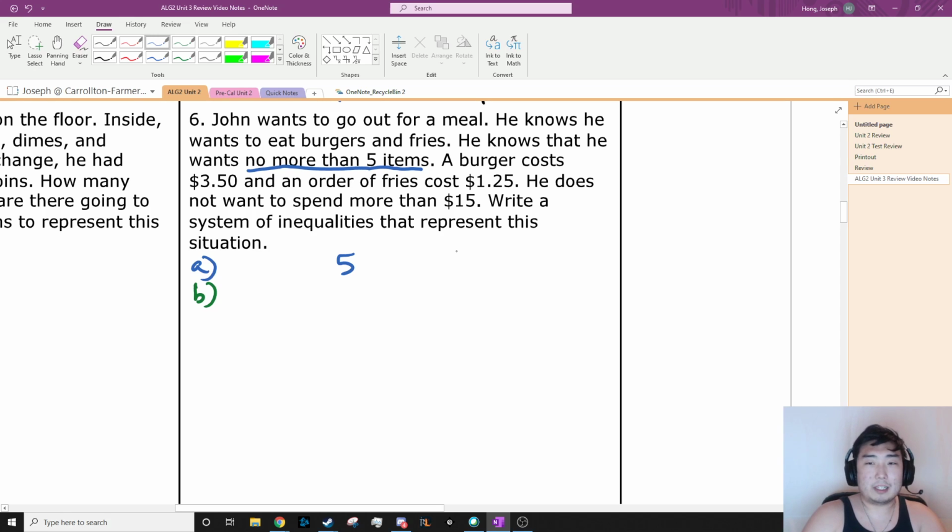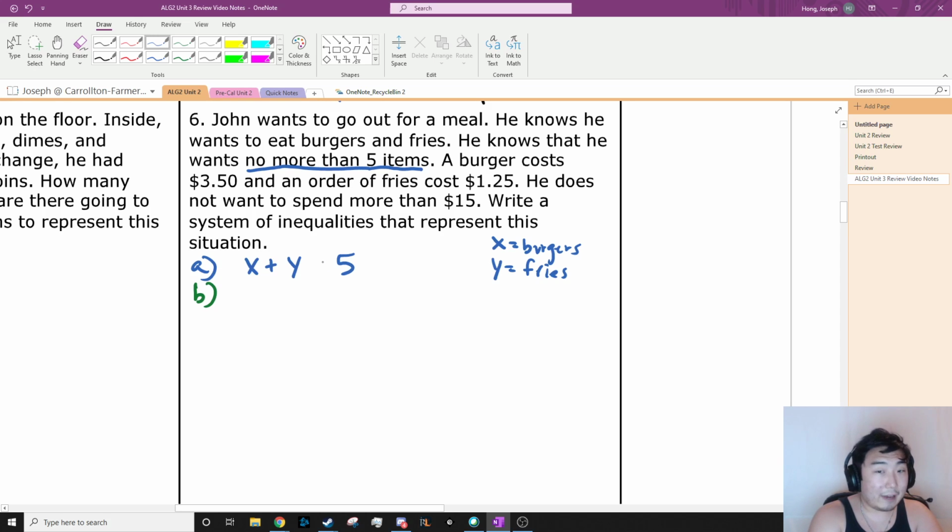So the items that he's talking about are burgers, which I will write as X, and Y is your fries. If we're talking about just items themselves, we're just talking about x's and y's. We're not talking about how many y's or how many x's. We're just talking about the type of item. So there's only two types of items, right? And he wants no more than 5 items.